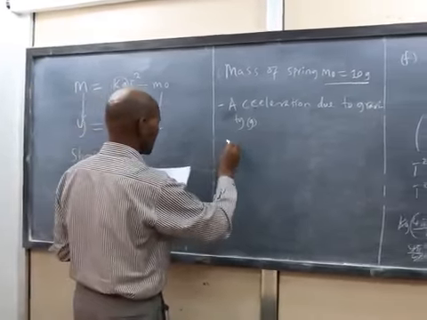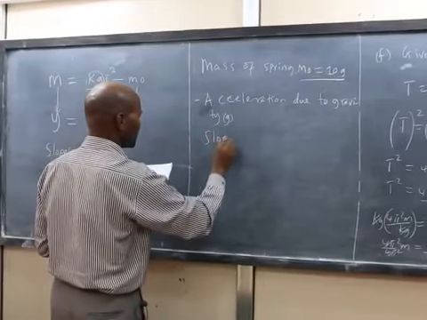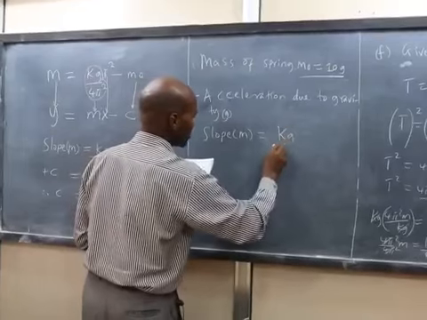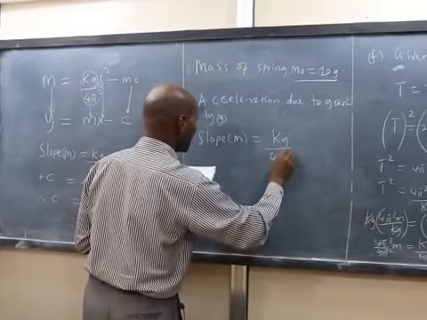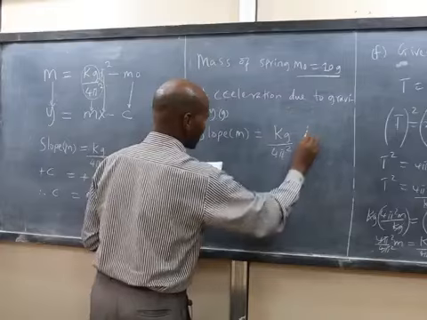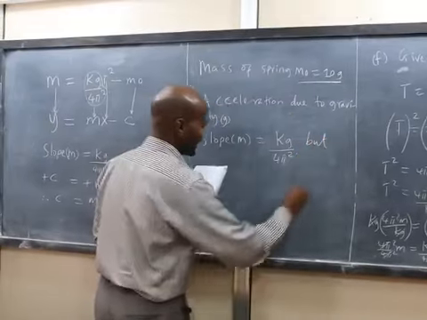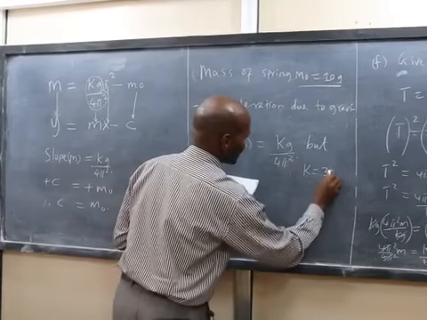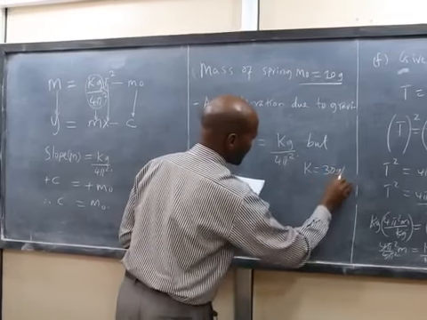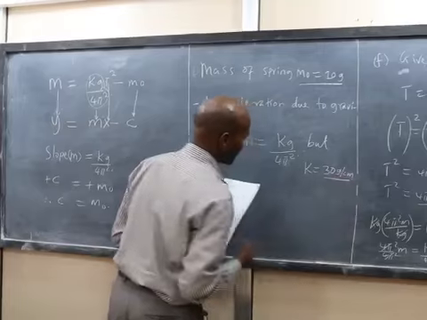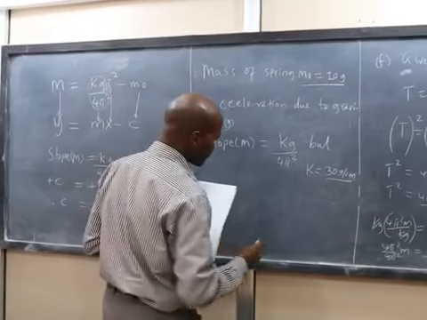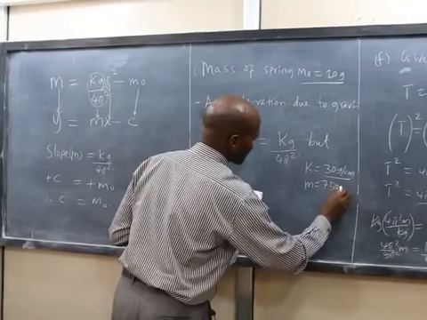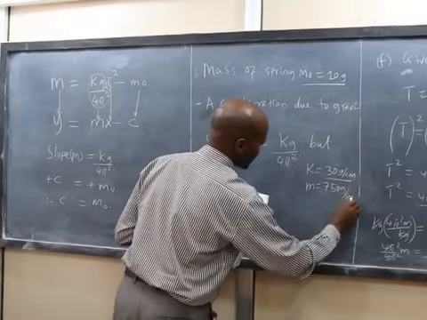So from that equation we say the slope m equals kg over 4 pi squared, but k is given: the spring constant is 30 gram per centimeter. The slope is m equals 750 gram per second squared.